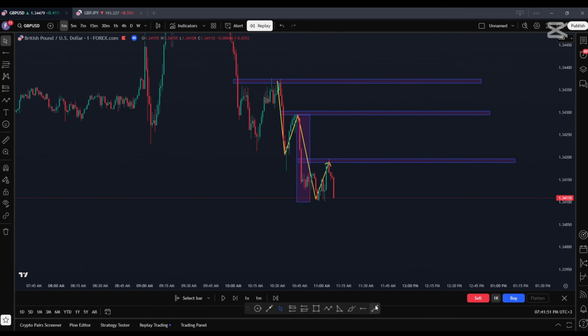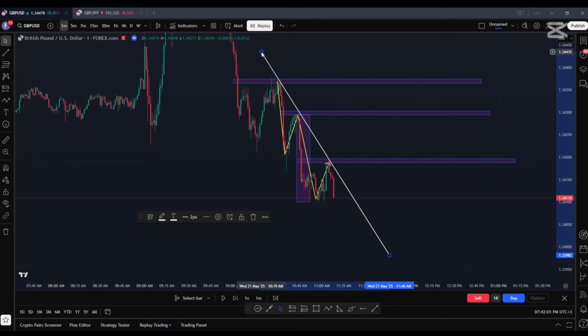We shall have our trend line joining these lower highs that we have drawn, and that trend line is going to act as our visual guidance. It shows us that we are in a downtrend, and the path that this market is most likely to follow.